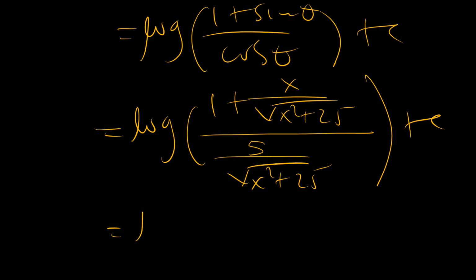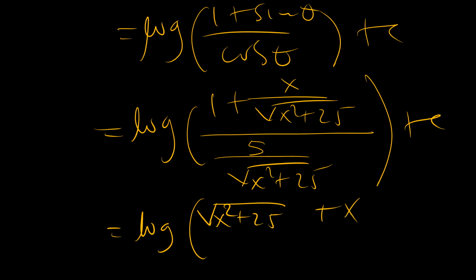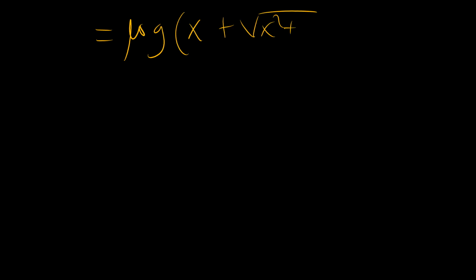So it becomes log of square root of x squared plus 25 plus x over 5 plus c, which is the same as log of x plus square root of x squared plus 25 minus log 5 plus c.